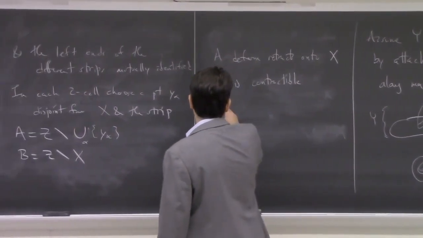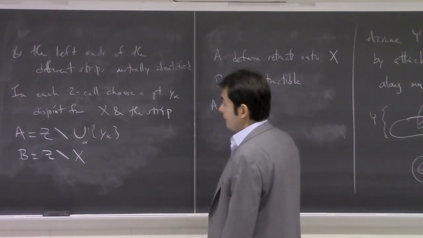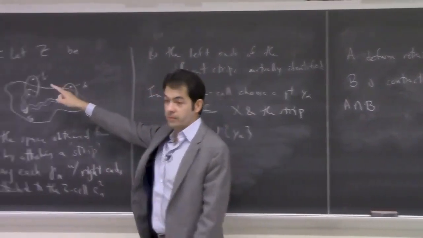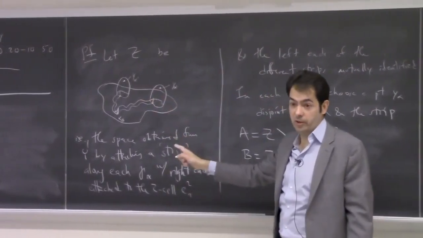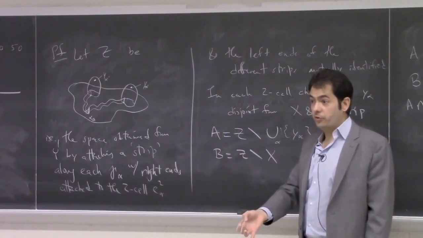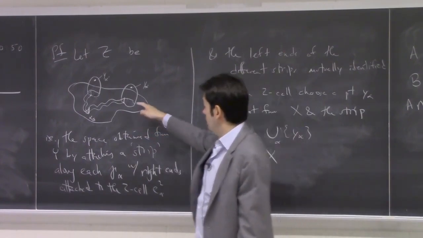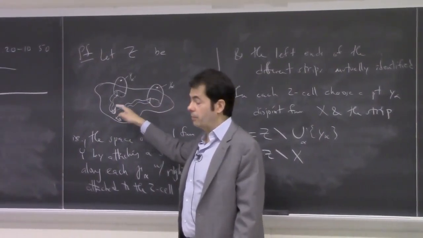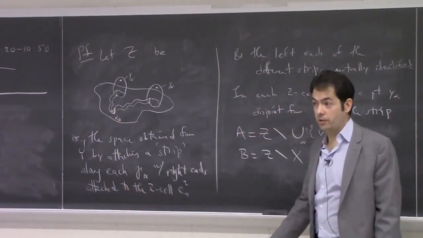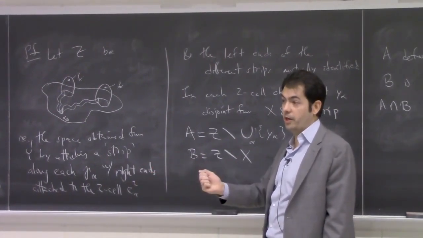The intersection is remove X and remove these points from the hemispheres. Well, if you remove a point from a hemisphere, then it's no longer contractible. Now it's really just the equator. So now we've ended up with these circles joined together by a path to a common point. So that's just a bouquet of circles, because you can retract that path so that they just have a point in common.